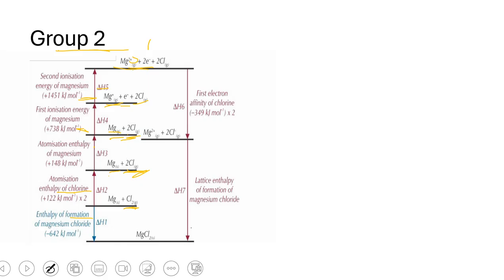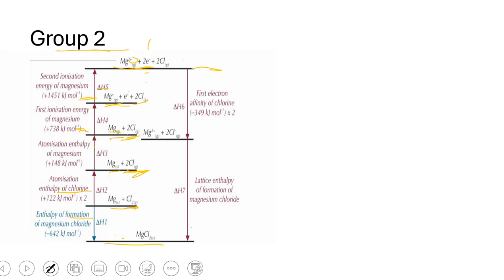And from here to here, you must balance the electrons for it to be 0, since for the enthalpy of formation, from this line to this line and throughout the lines, you can see that all the total charges are 0. So you must balance the charge on each of the lines for it to be 0. So they added an electron for it to be 0, and here 2 electrons were added for it to be 0.